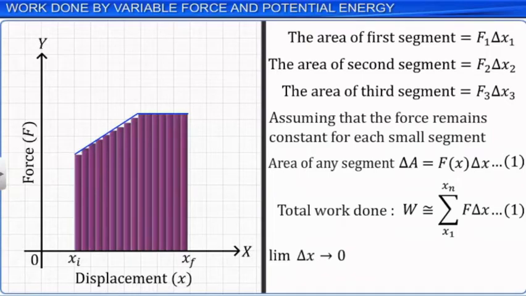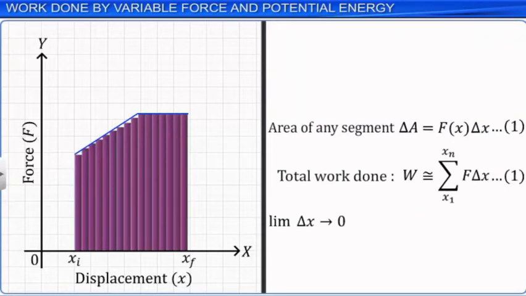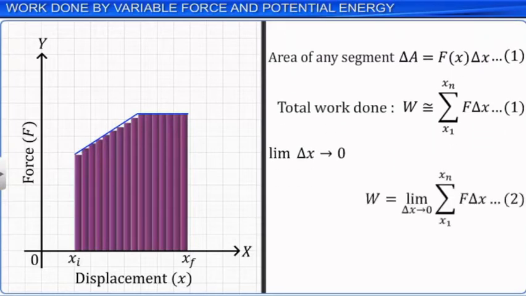And the total work done is calculated as W = sigma of F delta x between the limits x1 to xn, as delta x tends to 0. Let this be equation 2. Hence, the work done for a varying force can be expressed in integral form as W = integral F dx in the limits x1 to xn. Let this be equation 3.